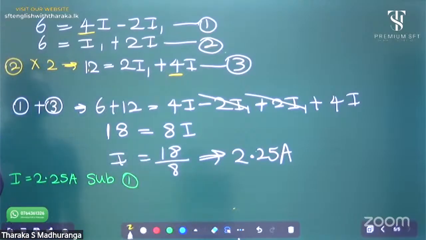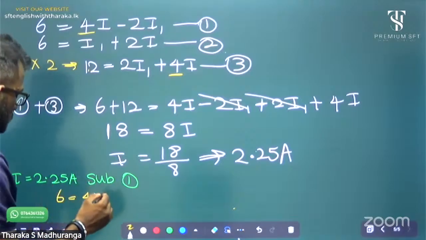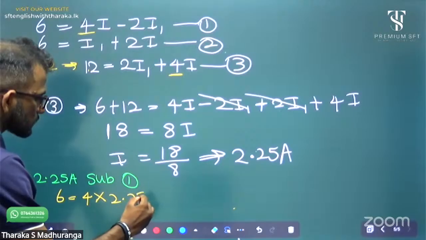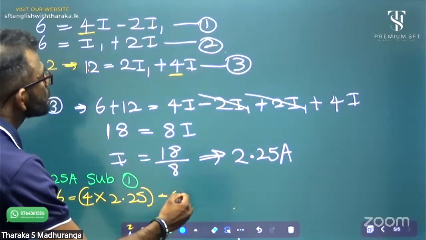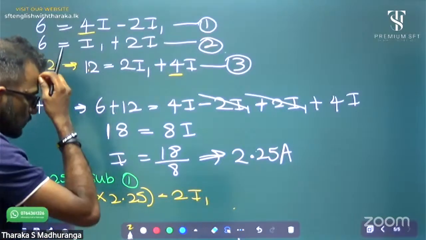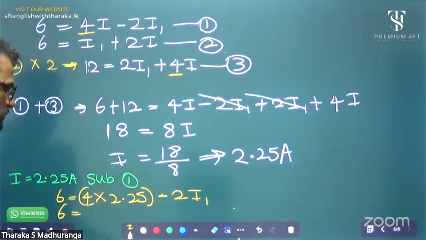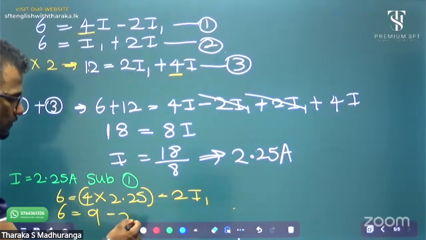Now let's check: 6 equal 4 into I, I equal 2.25, minus 2I1. 6 equal 4 into 2, it is 8. 0.25 into 4, 1. It is 9, right? 9 minus 2I1.